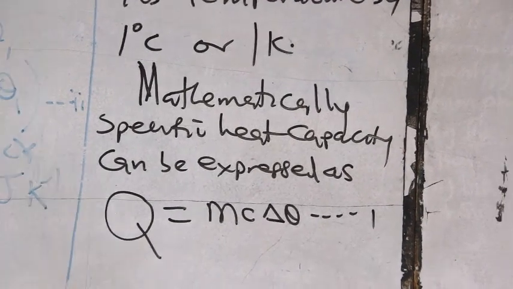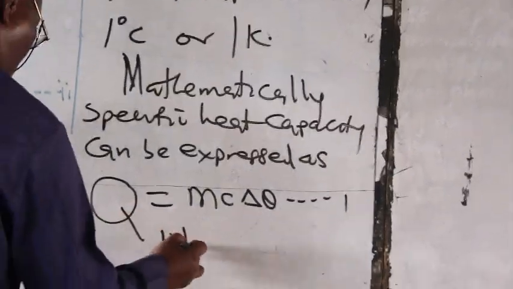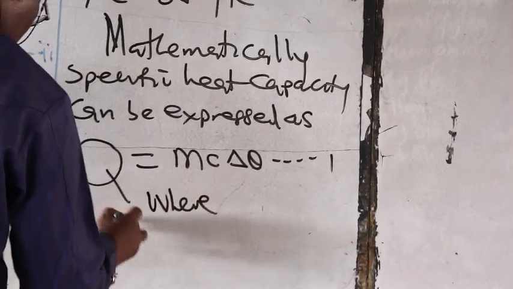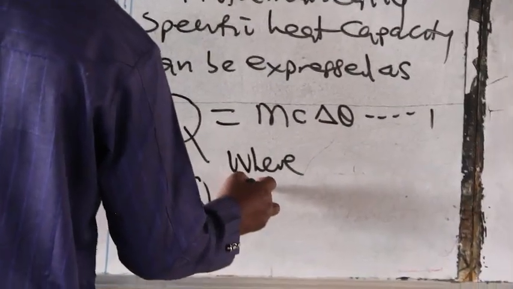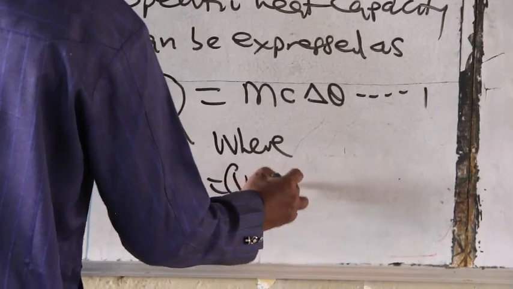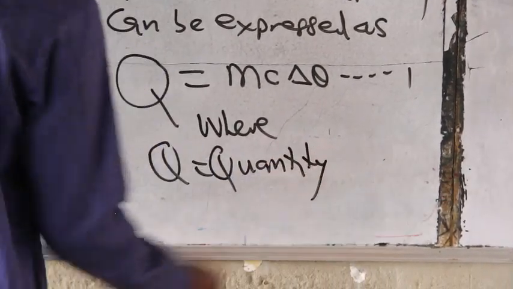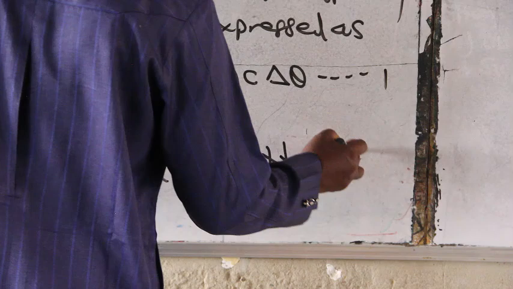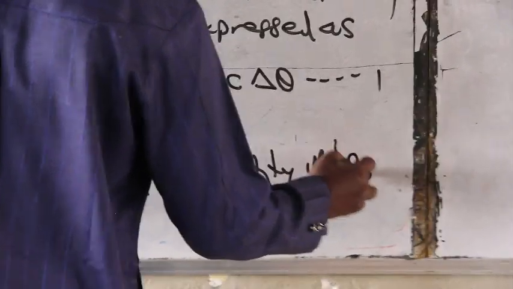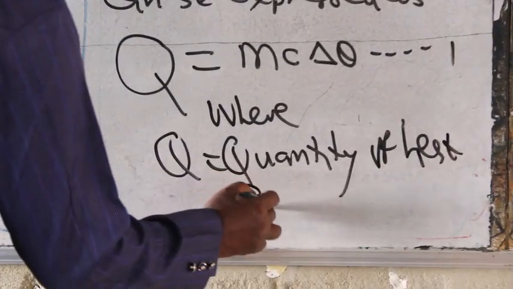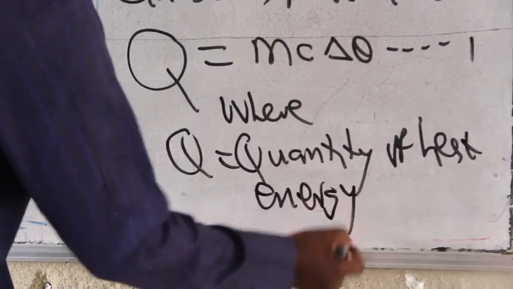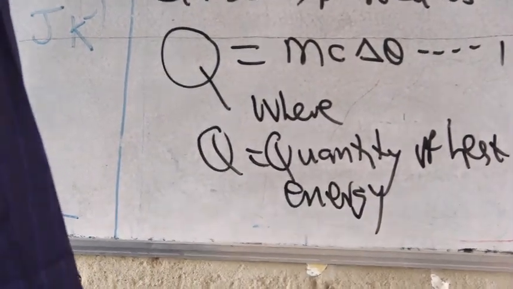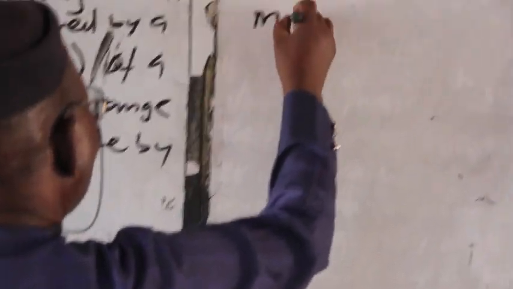Where, of course, you can mention where Q stands for quantity of heat energy. Then M stands for mass.